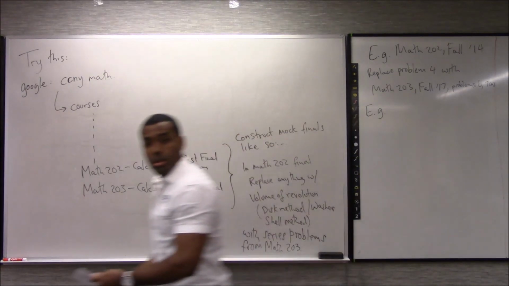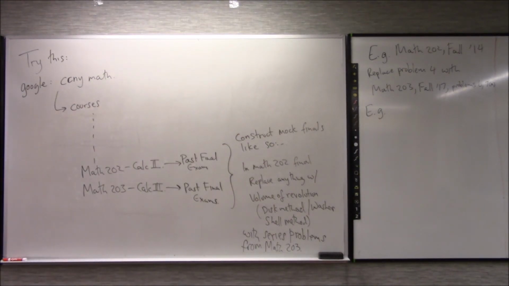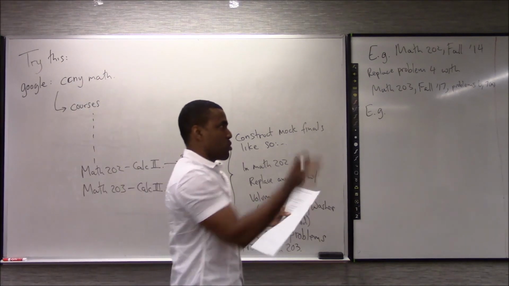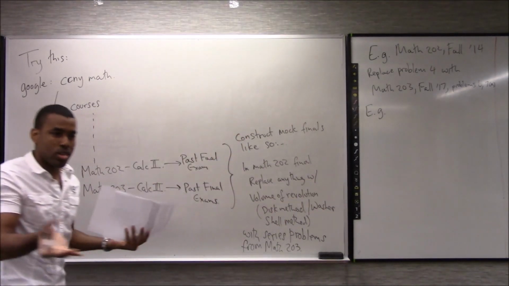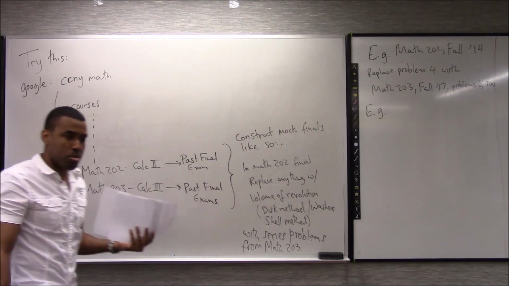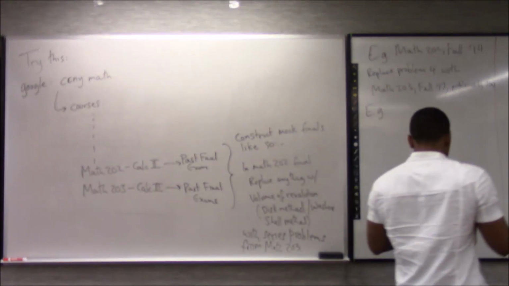And you have a good approximation for what your final would look like if you did that. Another option is, you pretty much can mix and match semesters, and you're just putting in a series problem where there are no series problems and eliminating volume problems where there are volume problems.